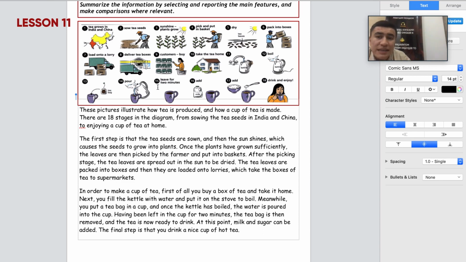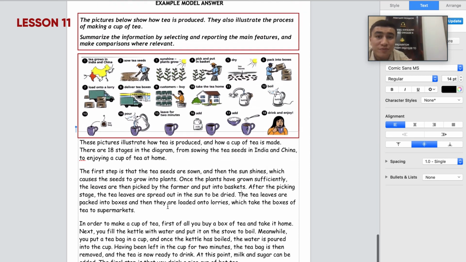As you can see, every stage, every step has been included here, and now I believe you understood the logical division. The first paragraph is dedicated to the process of tea production, and the second paragraph is devoted to the process of making a cup of tea.